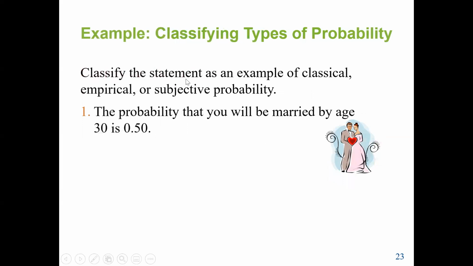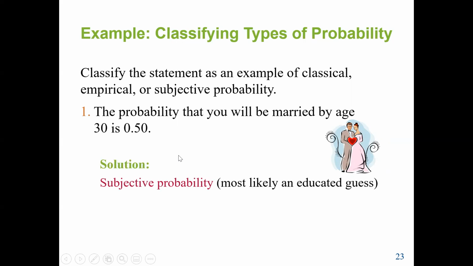So classify the statement as an example of classical, empirical, or subjective probability. Let's see if we can distinguish between all those three probabilities. The first question: the probability that you will be married by age 30 is 0.50, which we will say 50%.